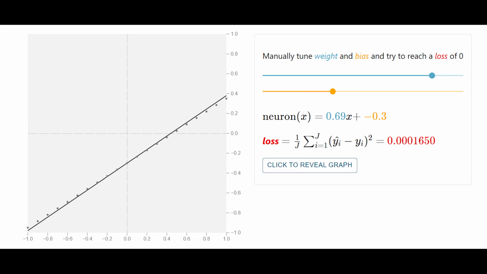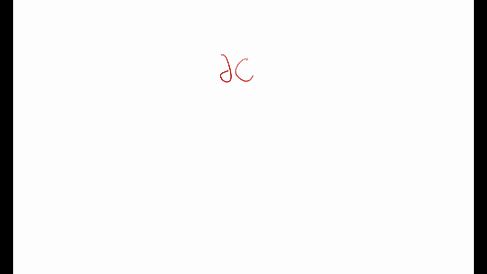To find the minimum, we need to compute how c changes with respect to each variable, which we do using partial derivatives. So instead, we write partial dc over partial da and partial dc over partial db. Basically, how does c change with respect to a and how does c change with respect to b, respectively?